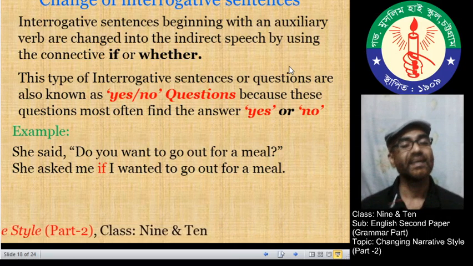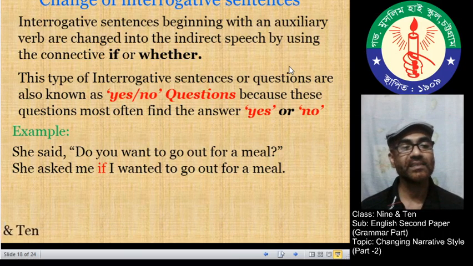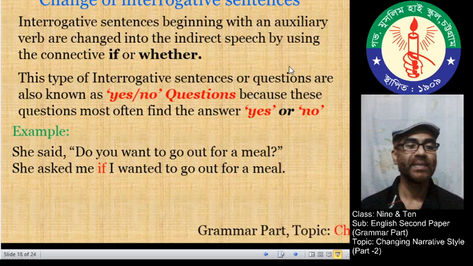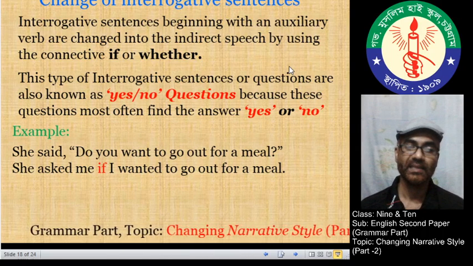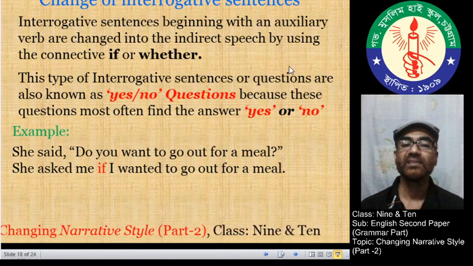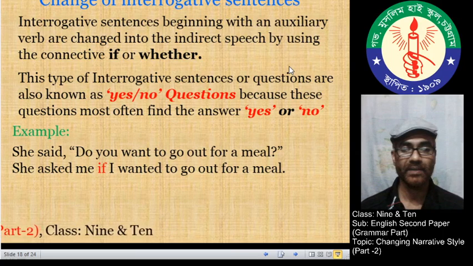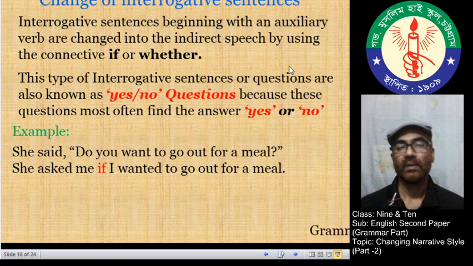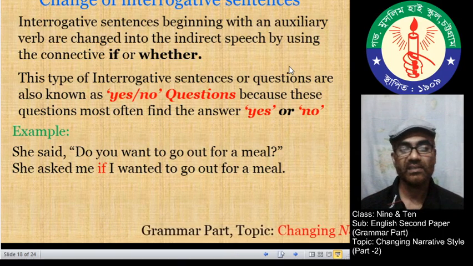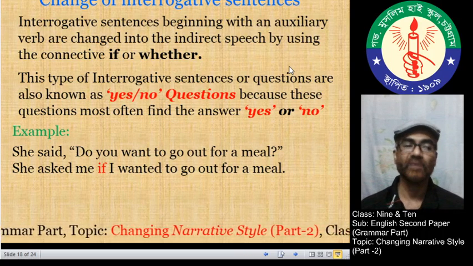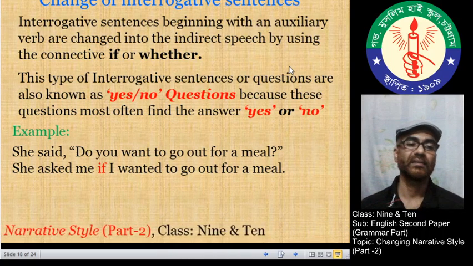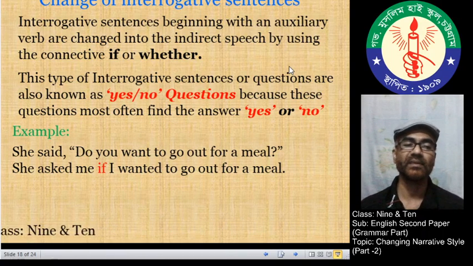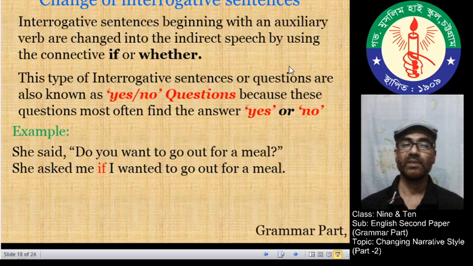Okay, and the indirect speech for this one can be, she asked me if I wanted to go out for a meal. You see, here we used asked instead of said, and then me, because we assume that the question is being asked to me.